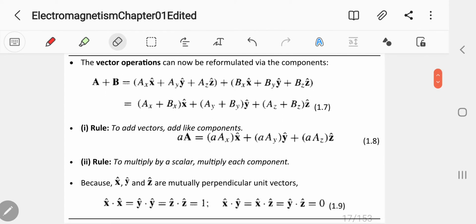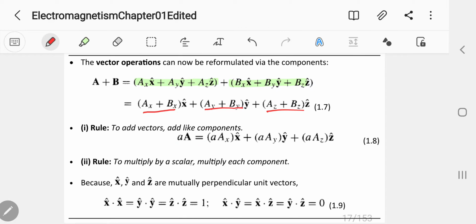So vector operations. If you add 2 vectors, you add A and you add B. If you know the components, you just add all the x components, all the y components, and all the z components. So if there are many vectors, you can just add all the x components, all the y, and all the z components.